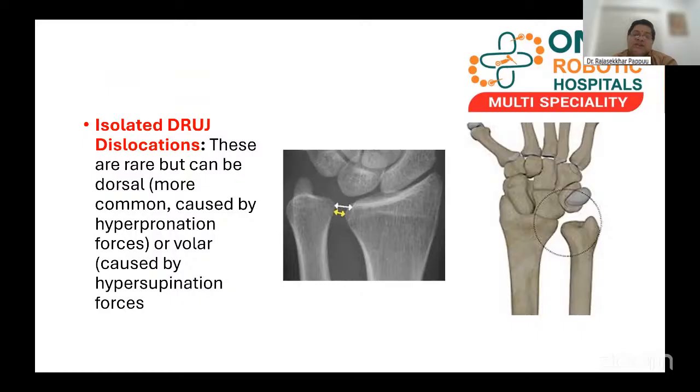Other than this, you will also have isolated distal radioulnar joint dislocation. These are very rare, but can happen when you fall on an outstretched hand. On an X-ray, you see a gap between these two bones in the distal radioulnar joint. This indicates there is an injury of the distal radioulnar joint.